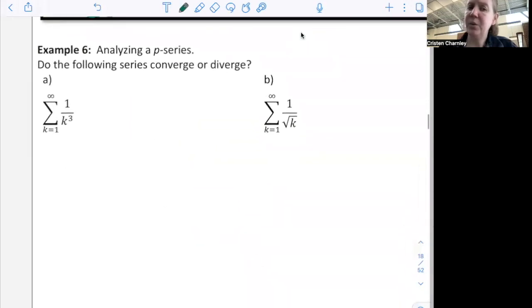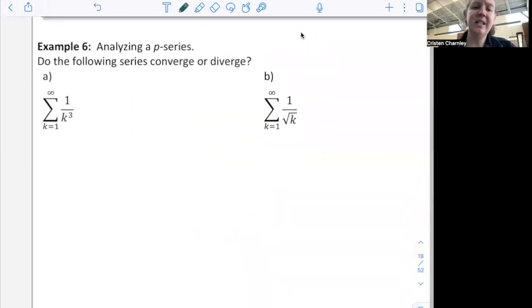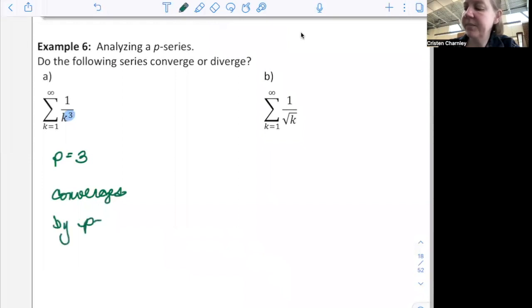P series are so easy. They're so great. Analyze the following: do they converge or diverge? And you're going to think that this is not quite enough work, but I promise you it is. In this problem, you're looking at P. Use the exponent down here that's on the K. P is equal to 3, and because P is greater than 1, we say that this converges. And you can be really specific: converges by P series.